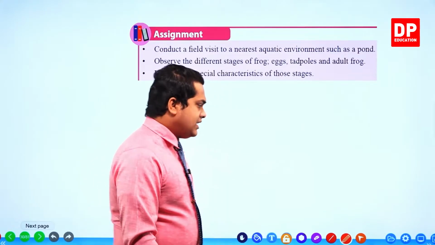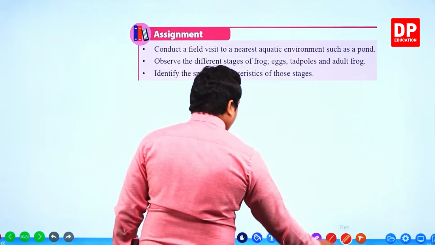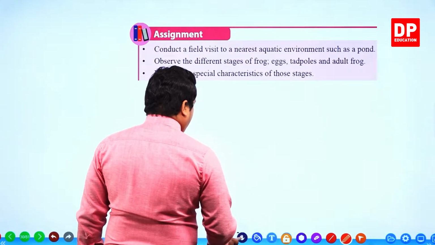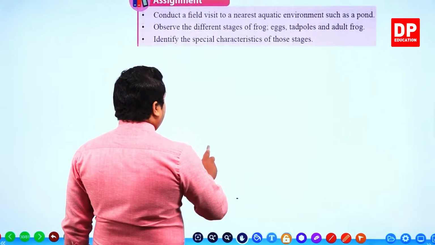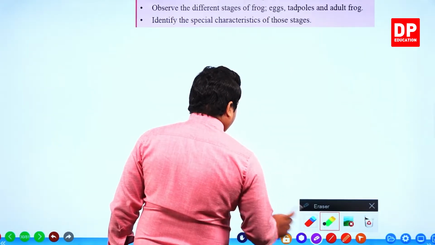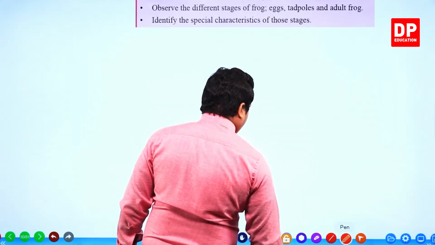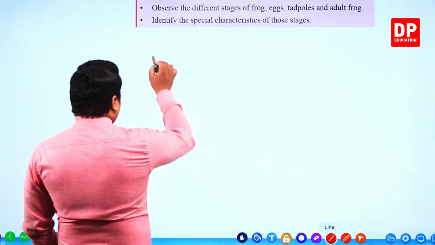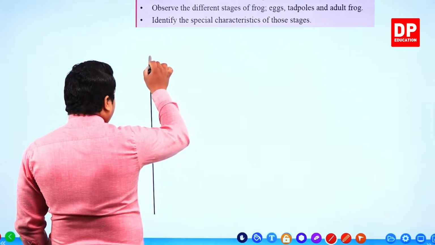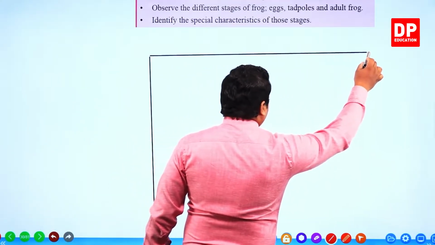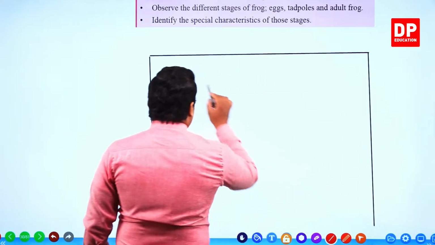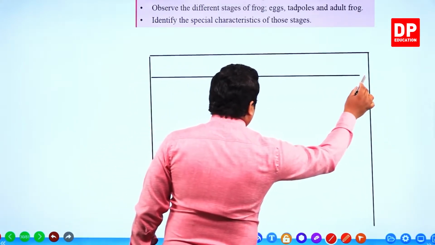So there are three stages. You know that if you take a frog, there are three stages in the life cycle of a frog. What are the three stages? The three stages are eggs.